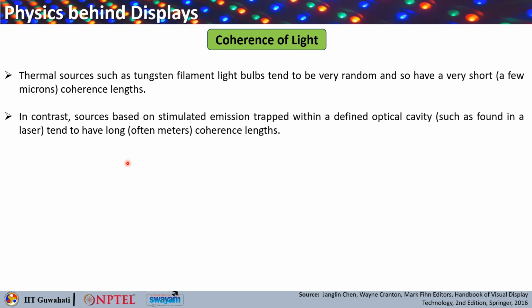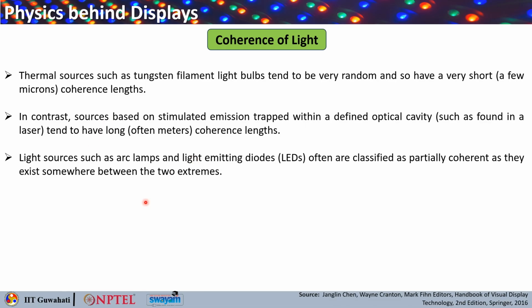In contrast, sources based on stimulated emission, which are trapped within a defined optical cavity, as you see in a laser, typically have a very long coherence length, on the order of meters. Other light sources such as arc lamps or LEDs, light emitting diodes, are often classified as partially coherent, as they sit somewhere in between these two extremes.